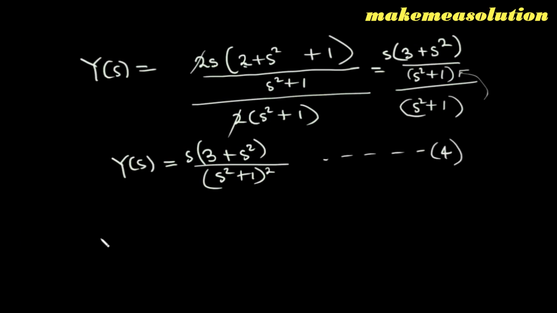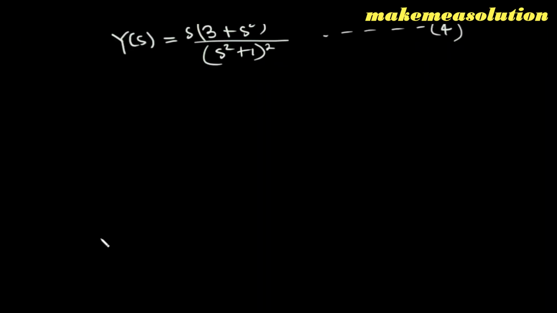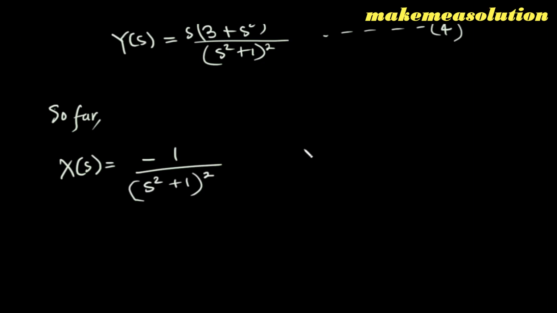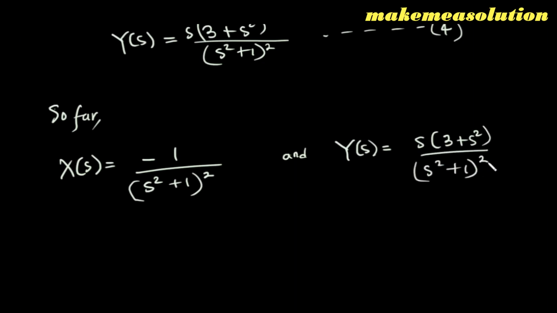So what have we gotten so far? We got our x of s to be minus 1 all over s squared plus 1 all squared, and our y of s to be s into 3 plus s squared all over s squared plus 1 all squared.